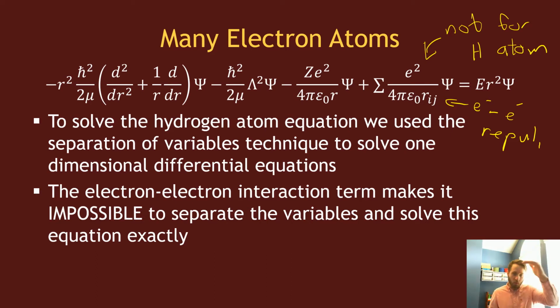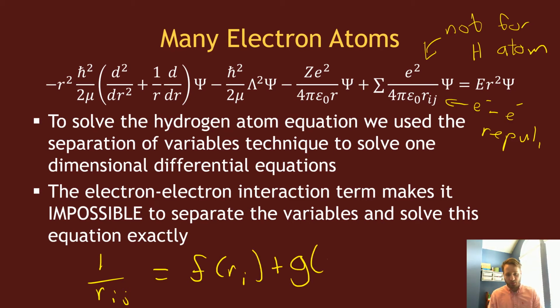Because of this 1 over the separation distance, there's no way I can take 1 over Rij and set that equal to some function of Ri plus some function of Rj. There's no exact method to do this without some type of approximation, so I can't separate my variables. This is a differential equation we cannot solve.